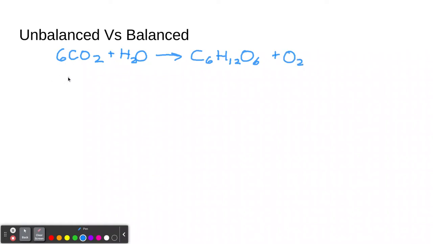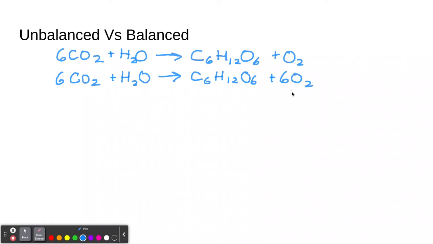And then we said to fix it, to fix it, we're going to say 6 CO2 because we have to balance it. That's what I mean by fixing it. And we kept that the same so far. We had this, and we added 6 here. Now we have 12 here and 12 here.